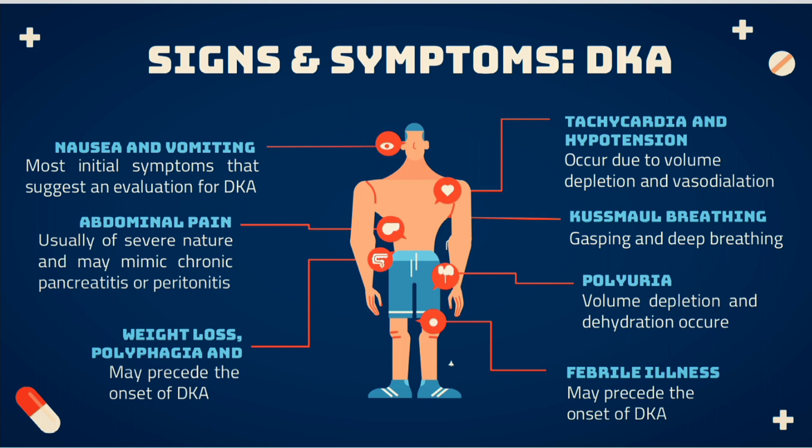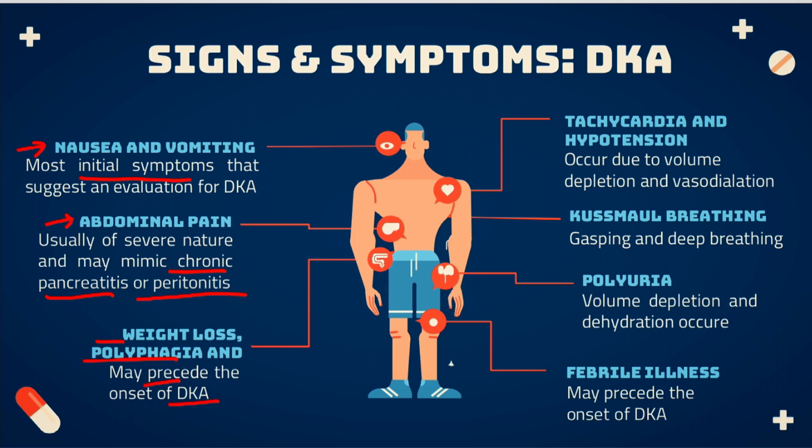Nausea and vomiting can be there in a patient of DKA, and usually these are the initial symptoms of DKA. There may be abdominal pain also, and this abdominal pain can mimic chronic pancreatitis or peritonitis. Weight loss and polyphagia can be there, and these conditions may precede the onset of DKA.